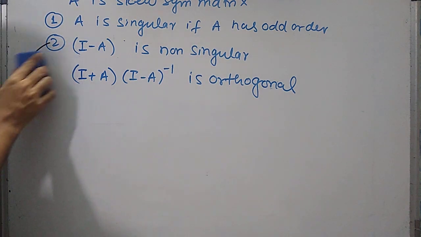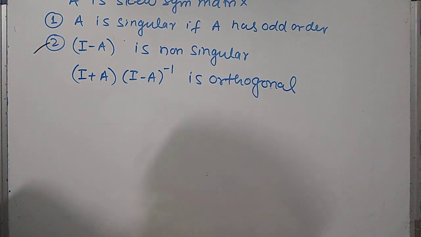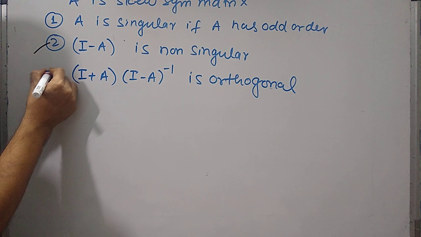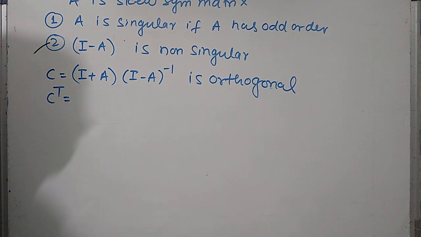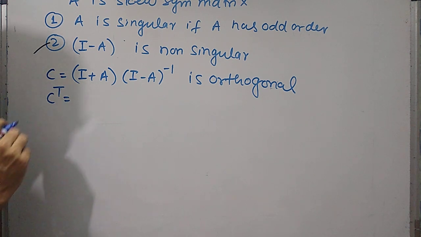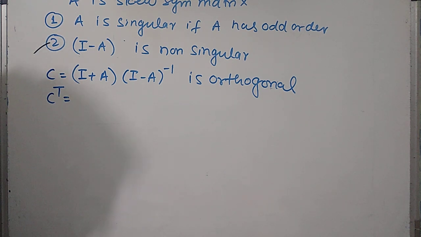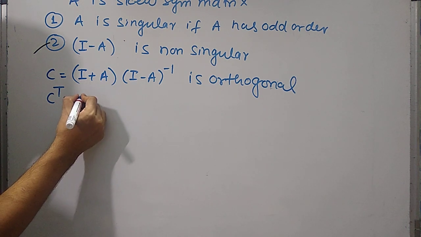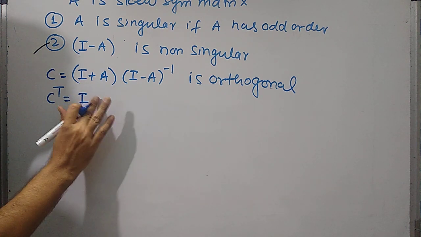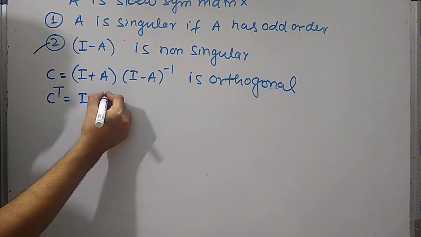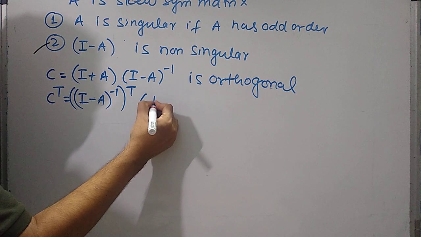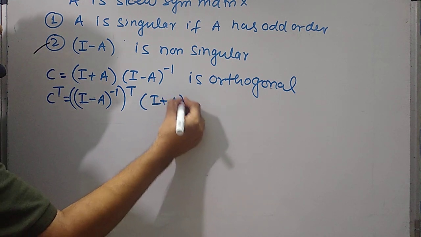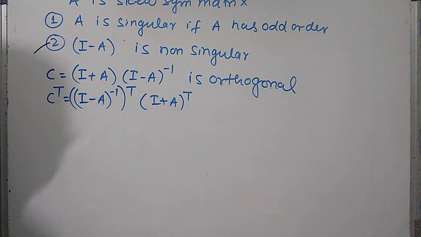Now see the third one. It is given that this is equal to C. So what is C transpose? If you find C transpose, it will be (I minus A) inverse of whole transpose into (I plus A) of whole transpose.